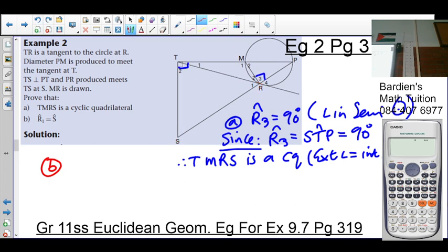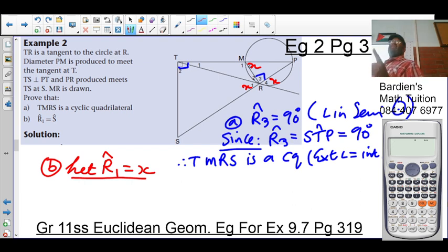I say let angle R1 equal X. Okay, so if R1 is equal to X, which other angle is equal to X? R4. Why? Vertically opposite. If R4 is equal to X, which other angle is equal to X? M2. Why? Tan chord theorem. If M2 is equal to X, which other angle is equal to X?